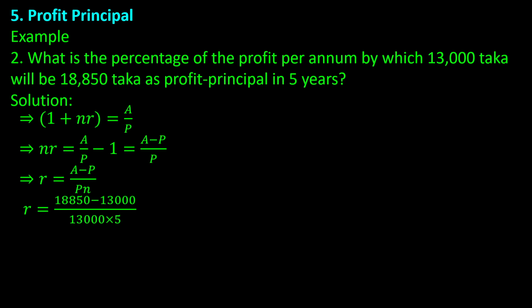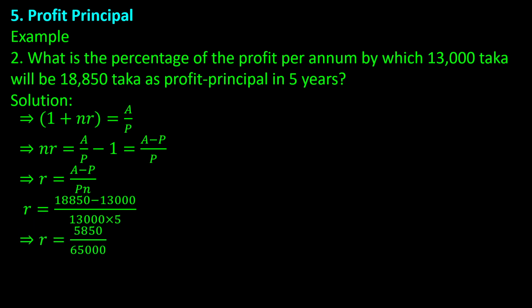Now putting the values of A, P, and N on the right side of this equation, we get R equals 18,850 minus 13,000 divided by 13,000 into 5.